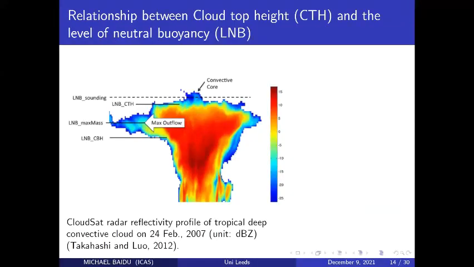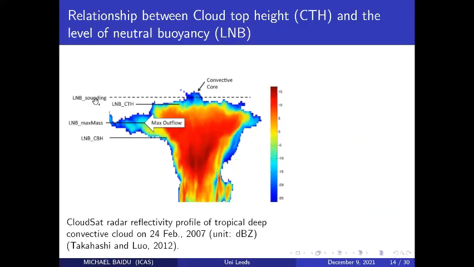In the current work, we focus on the effect of shear on the cloud heights of storms. So we refer to this work by Takahashi in 2012, who used CloudSat radar reflectivity data to compare the cloud top height with the level of neutral buoyancy obtained from sounding.